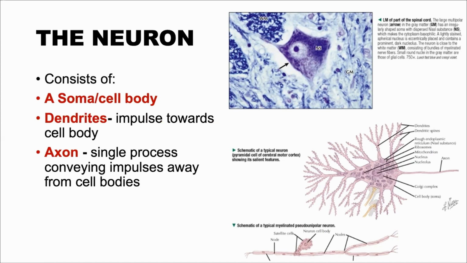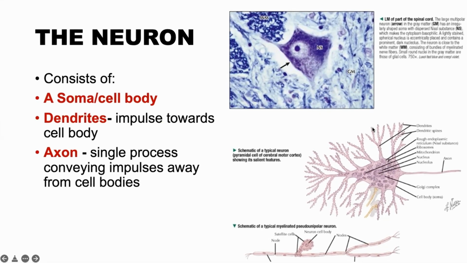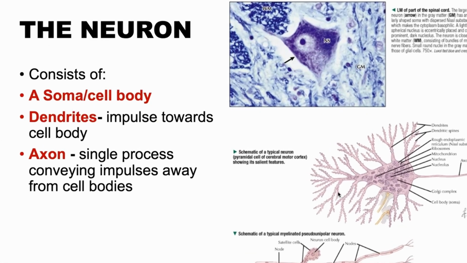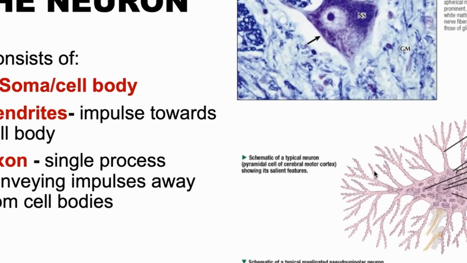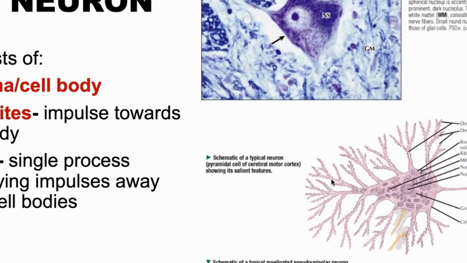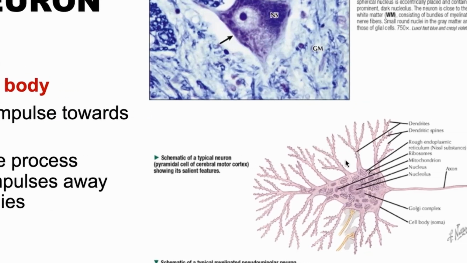The neuron, you're just looking a bit up close at the neuron. It consists of a cell body or a soma. And there are the dendrites that we said are projecting on one end, and there's also the axon that is a single process that is carrying impulses away. So the difference is that the dendrites are projections from the cell body, and the dendrites are responsible for taking impulses towards the cell body.